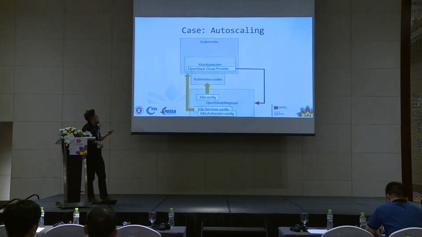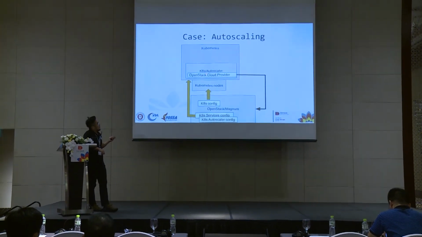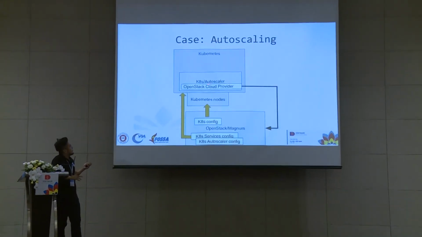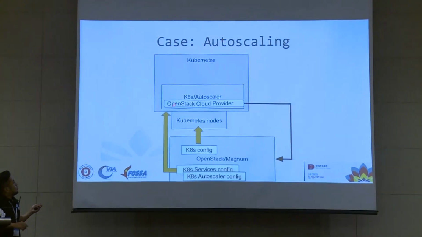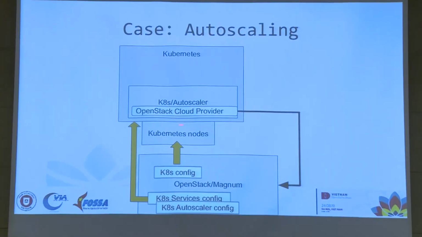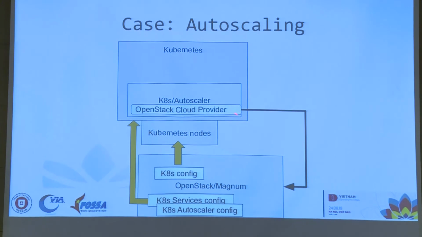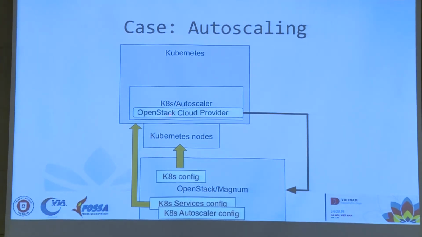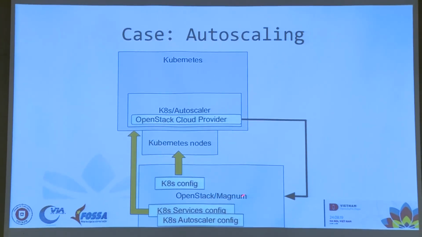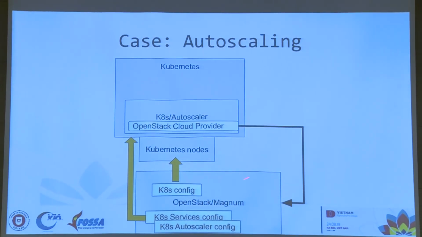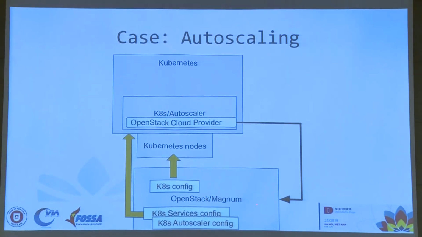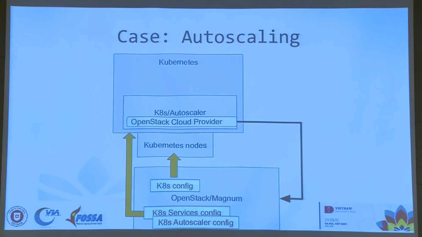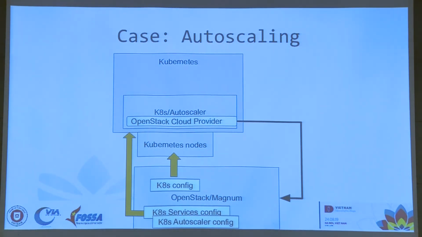In Kubernetes, you also hear about the autoscaling service. If you know how the OpenStack provider is made, we're not trying to have all the control of the auto-scaling cluster.